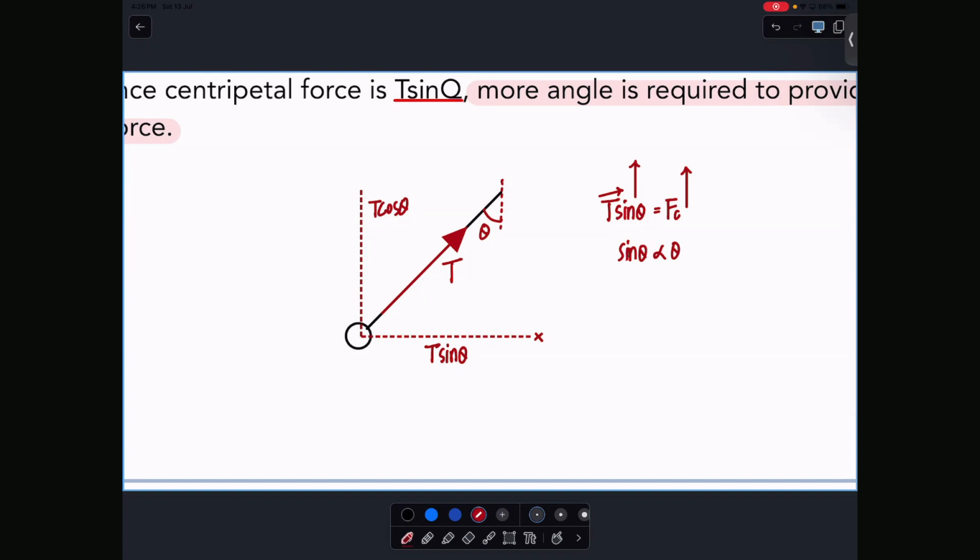So if I want more sine theta value, do I need a more theta value or a smaller theta value? More, right? So as a result, it'll start to get higher and higher, but you'll never be able to attain what angle though? 90, because the moment it becomes 90, it is good for circular motion, but that component that was overcoming weight is more there. So the system will naturally move downwards.